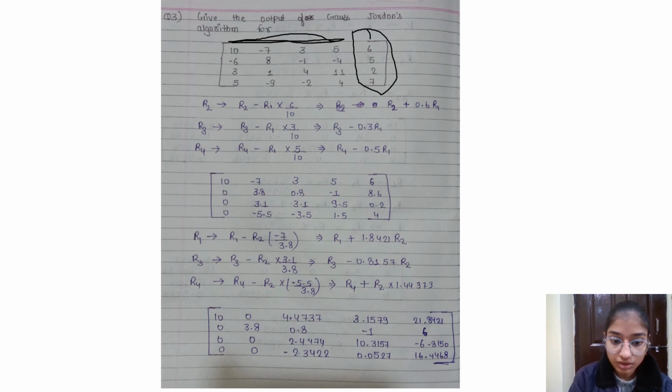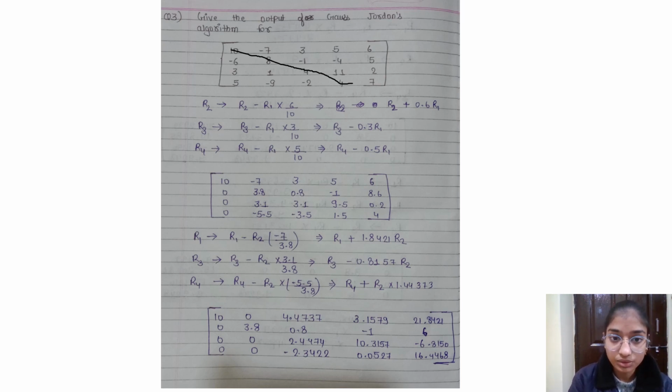So what we have to do in the Gauss-Jordan algorithm is make all the elements zero which are below or above the diagonal. We are going to apply the following operations for making it. We have to make the R2, R3 and R4 elements 0.